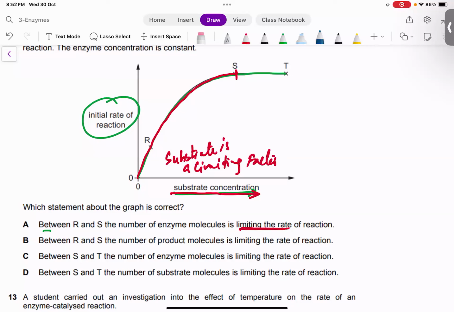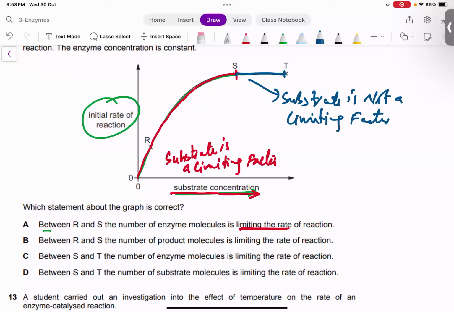And from this point to this point, substrate is not a limiting factor. So something else, like enzyme concentration or temperature or maybe some other factor, may be a limiting factor.